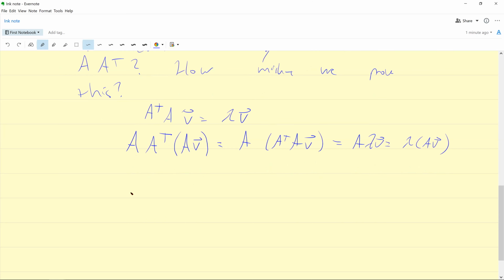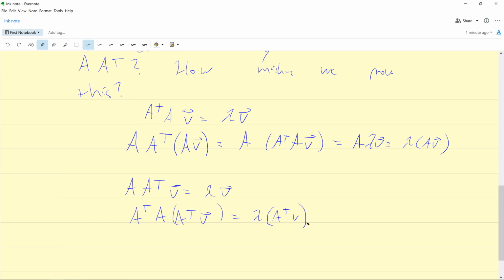Similarly, if we started the other way around, with A transpose V equals lambda V, the eigenvalue will be the same, then we can write A A transpose V, and similarly we get that this is lambda A transpose V.